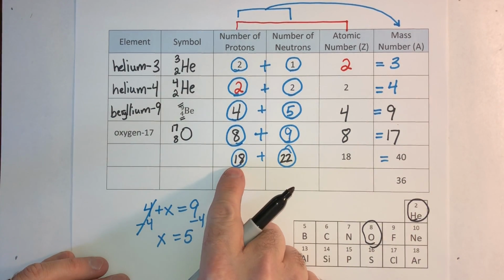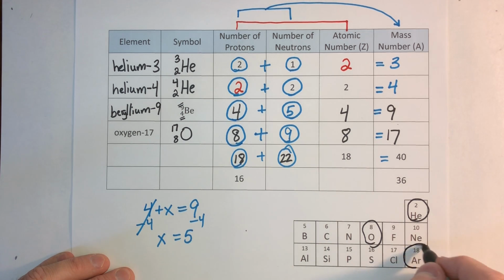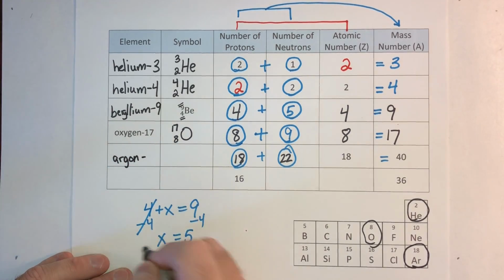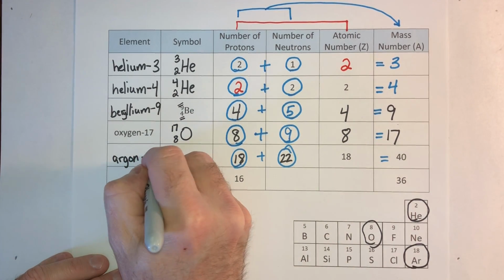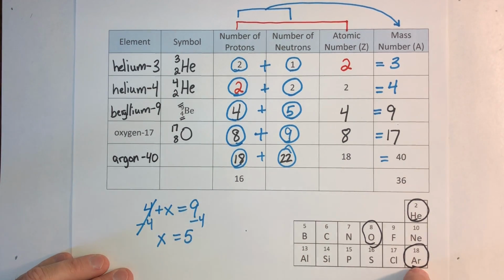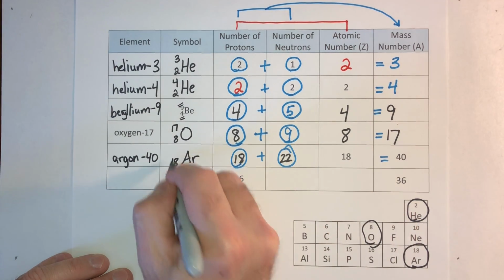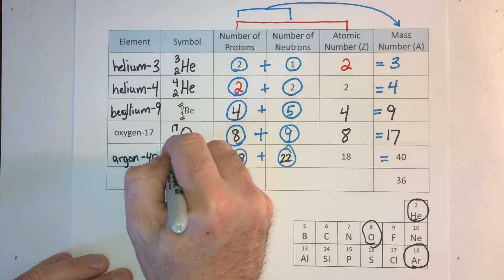And if you have 18 protons, that's telling you that you have element number 18. So that's saying that you have argon. So it is argon, and the mass number is 40. The symbol for argon is Ar. It has an atomic number of 18. It has a mass number of 40.